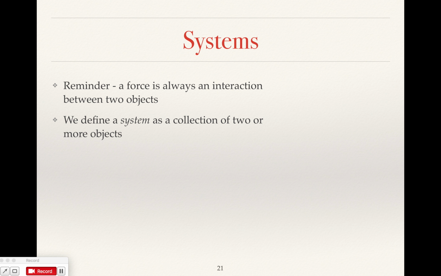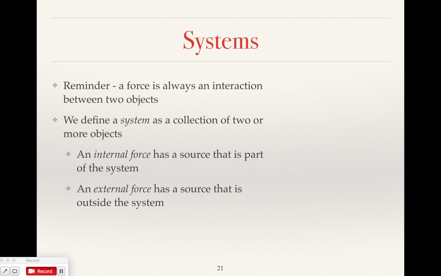How we define our systems is going to become important, because it has to do with how you define forces. An internal force is something that has a source that is part of the system. So if the source of the force is inside the system, then by definition this is an internal force. And an external force has a source that's outside the system.